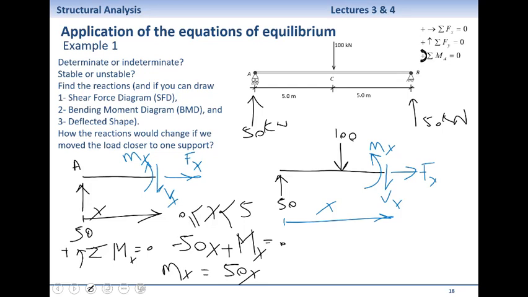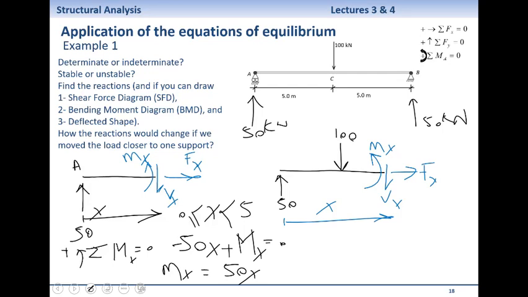What you see in one and not the other is a 100 kilonewton force going downward. So if I cut the beam anywhere after point C, another force is part of the equilibrium. When I cut it before point C, I don't see that force.